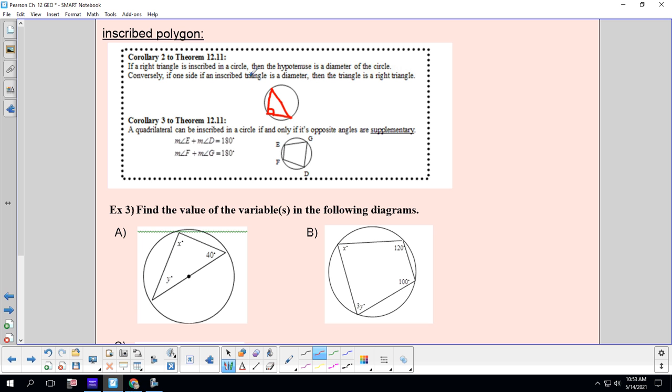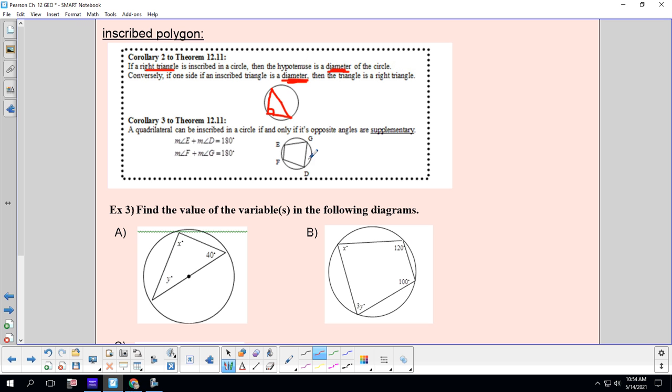Conversely, if one side of the inscribed triangle is a diameter, then the triangle is a right triangle. So if you are in the diameter realm, you're going to create that right angle. If a right triangle is inscribed in a circle, the hypotenuse has to be the diameter.